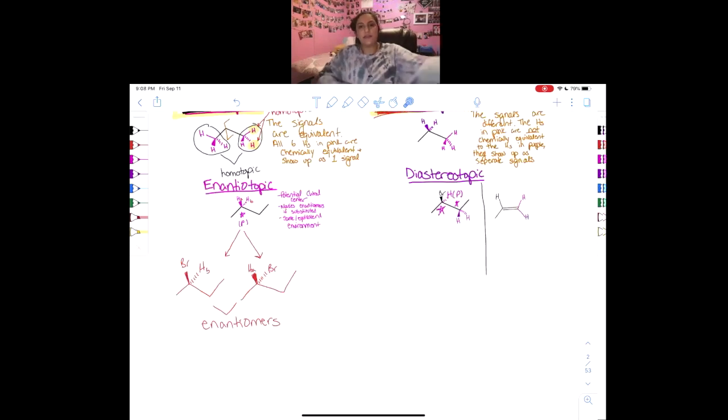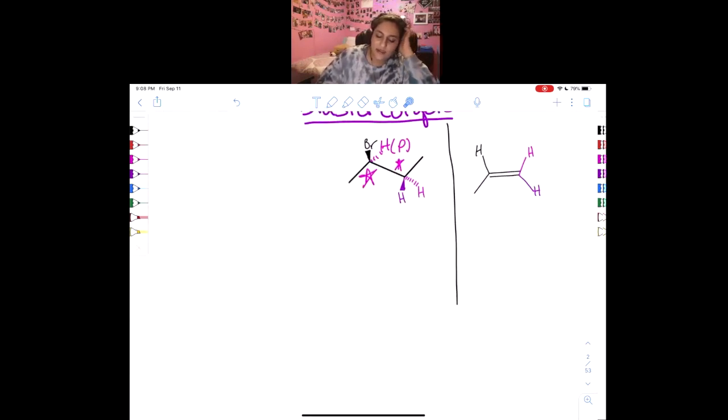On the other hand, diastereotopic is different. So we are going to look at two separate cases where we can have diastereotopic protons. First is with a chiral center, and the second is with a double bond. So first let's focus on the chiral center. As I've indicated here, this carbon is already a chiral center, and on the molecule we have another chiral center.